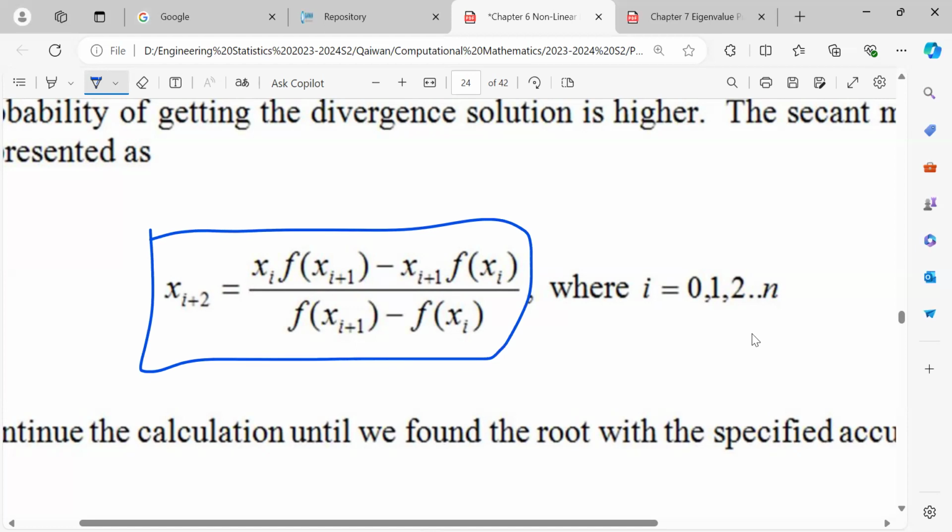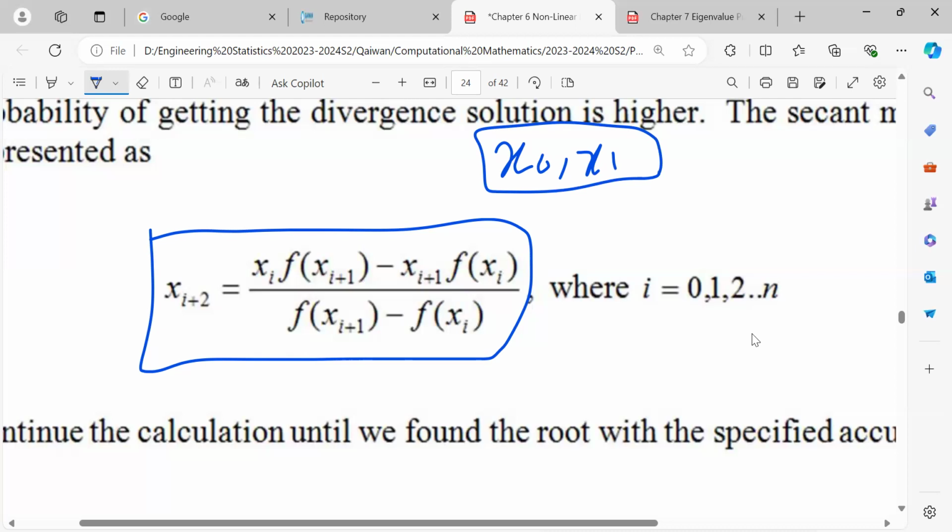We say x_{i+2} equals (x_i f(x_{i+1}) minus x_{i+1} f(x_i)) divided by (f(x_{i+1}) minus f(x_i)). Here, x0 and x1 should be given in the question, and you find x2.